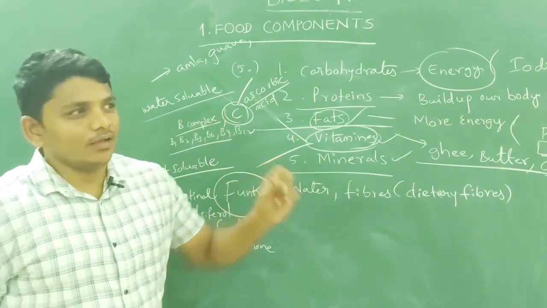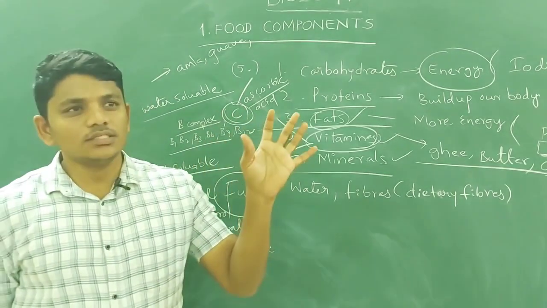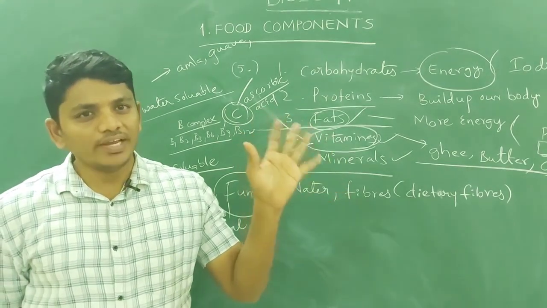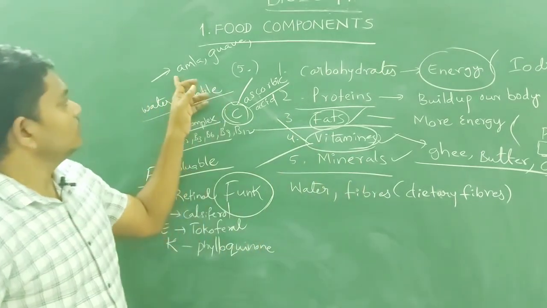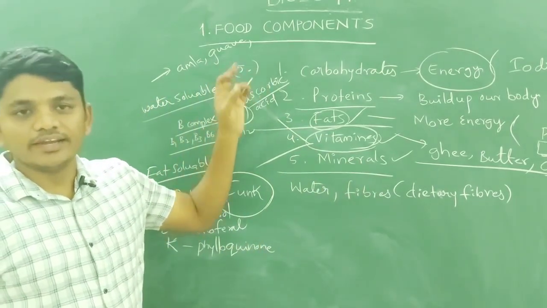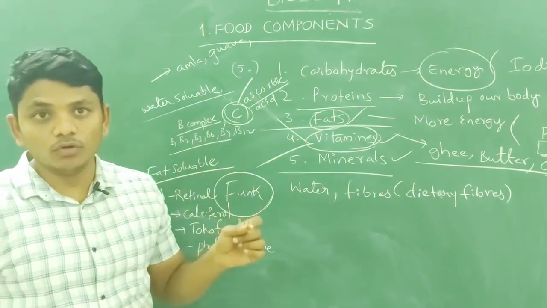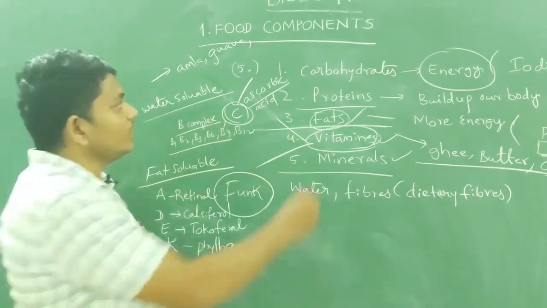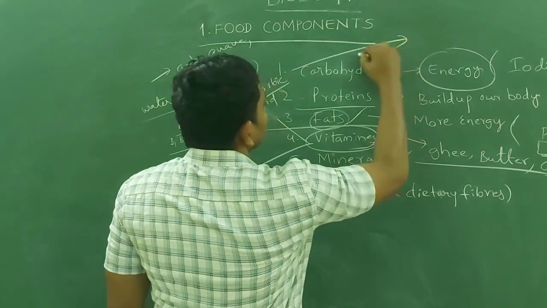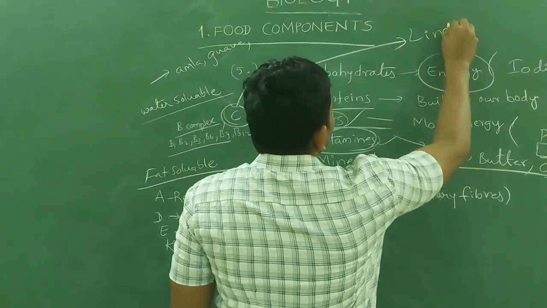So imagine it like this, C vitamin is widely available in fruits like amla, guava, tamarind and mango. These are the best examples for C vitamin. C vitamin was discovered by Linz.